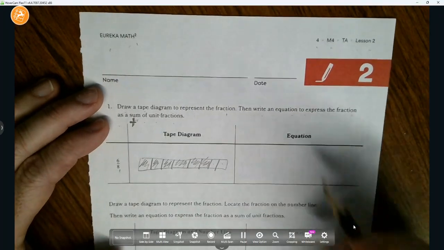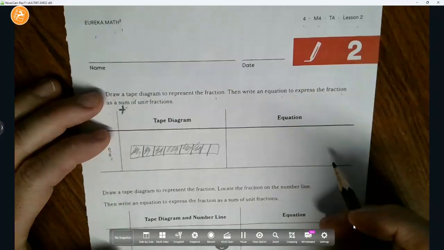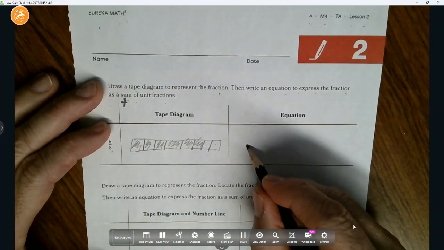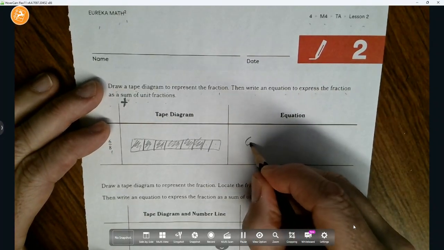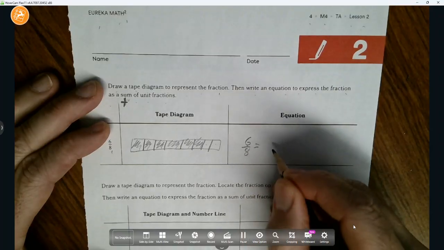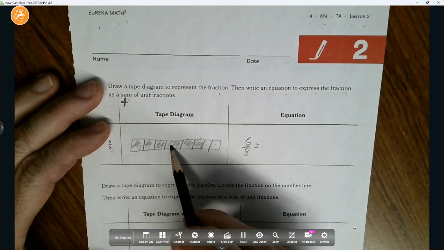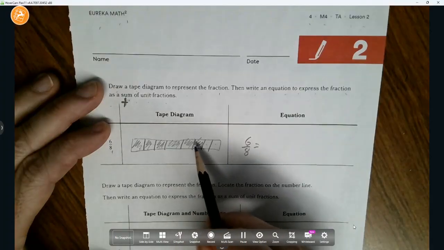Now I got to do the equation. So 6/8 equals, now how many did we shade in? 1, 2, 3, 4, 5, 6. So we need 6 of those.